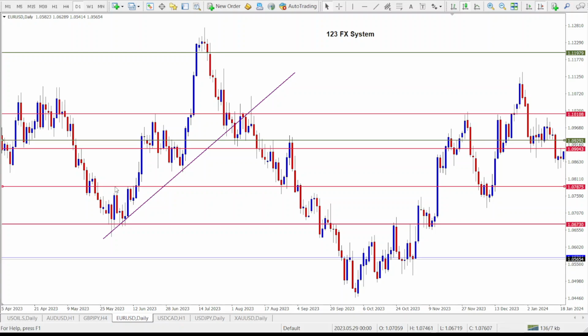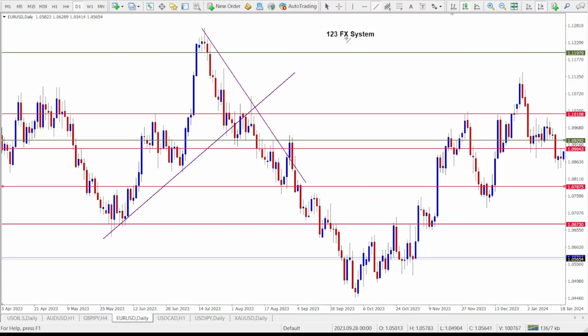Remember, this is an uptrend that was just coming to an end. So once the uptrend begins to form lower highs, for example, you can see that we had a high, then a lower high, a lower high, a lower high. So once the lower high forms, it creates the 2 in the pattern.